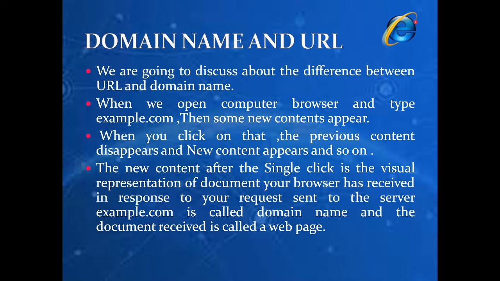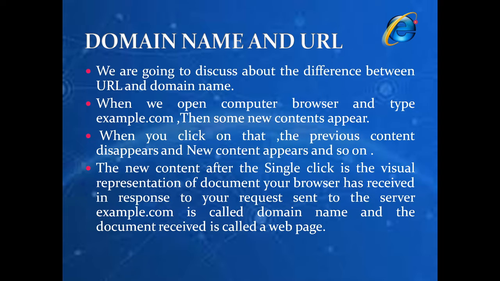The new content after the single click is the visual representation of the document your browser has received in response to your request sent to the server example.com, and example.com is called the domain name, and the document received is called a web page.